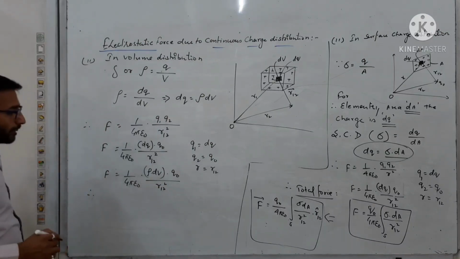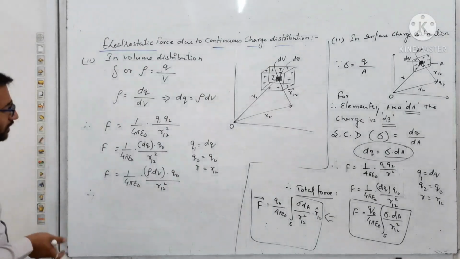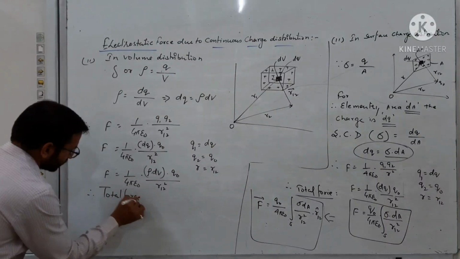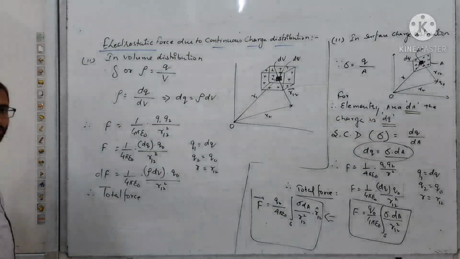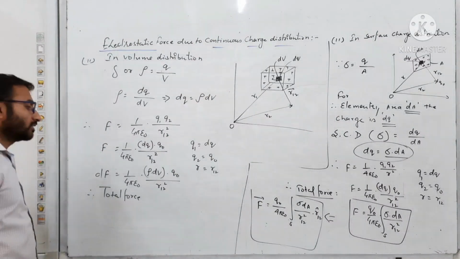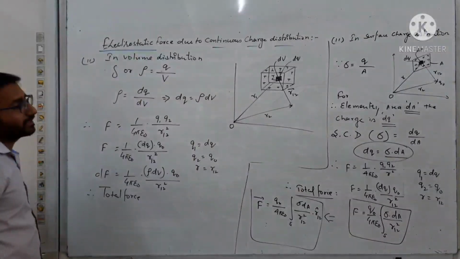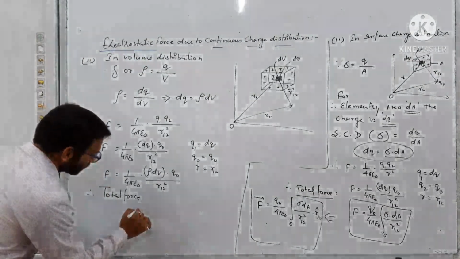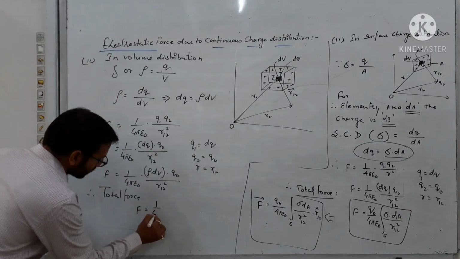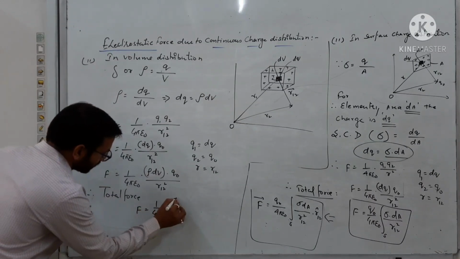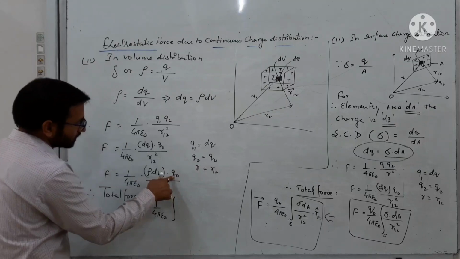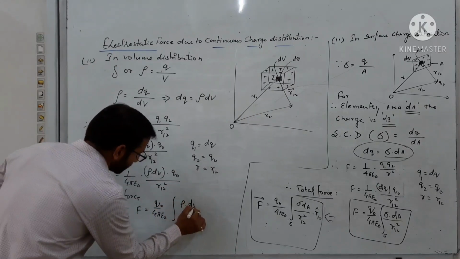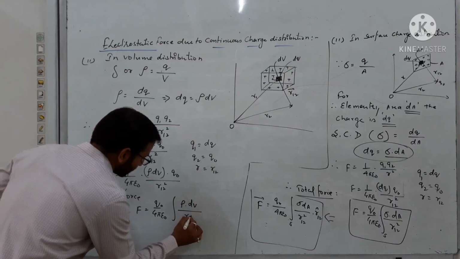Now we are talking about the total force. You can write it as dF also, because here you are taking the force only for the volume element. Otherwise at last you can write the total force F is equal to 1 over 4 pi epsilon naught integration, Q naught is a constant so it will come out, and the remaining is rho dV over R12 square.